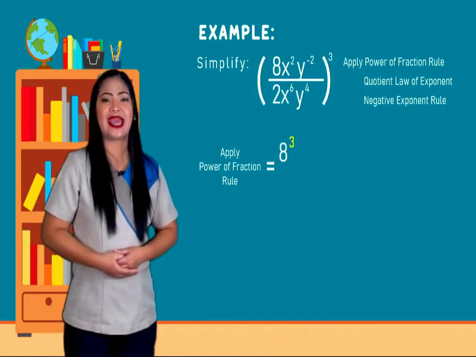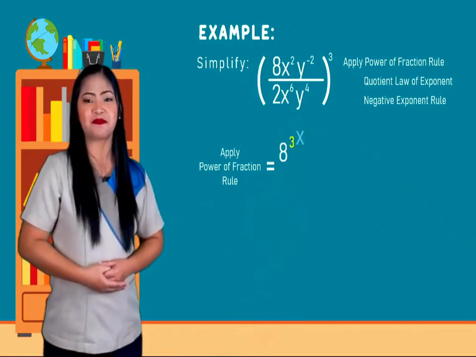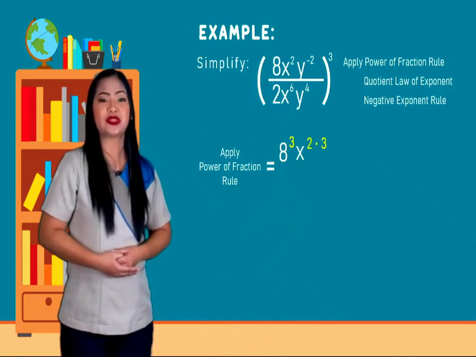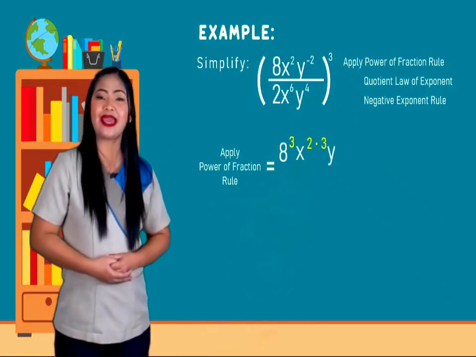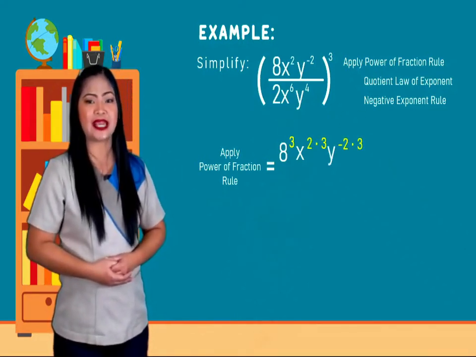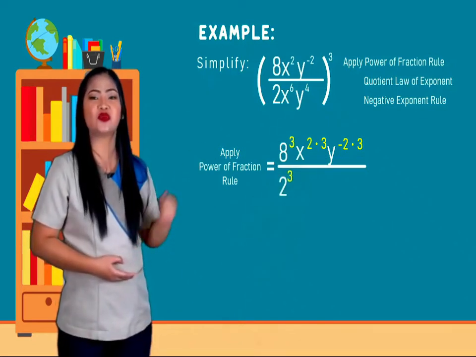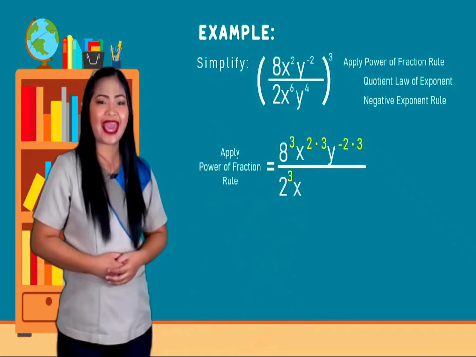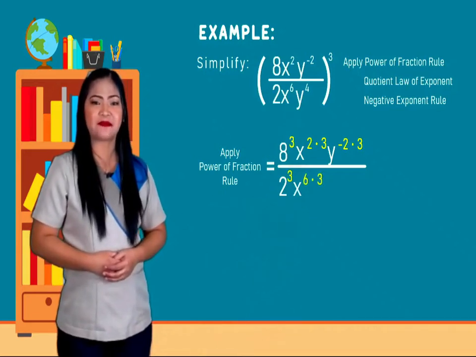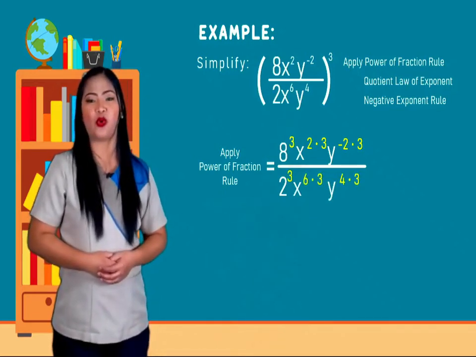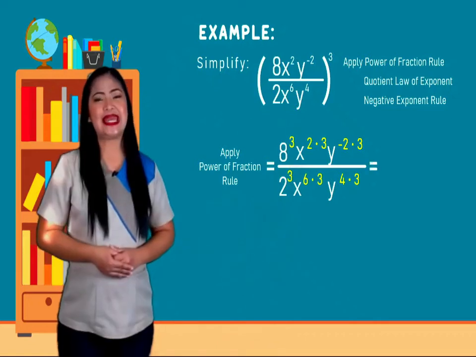So that would be 8 raised to 3, x raised to 2 times 3, y raised to negative 2 times 3, over 2 raised to 3, x raised to 6 times 3, y raised to 4 times 3.